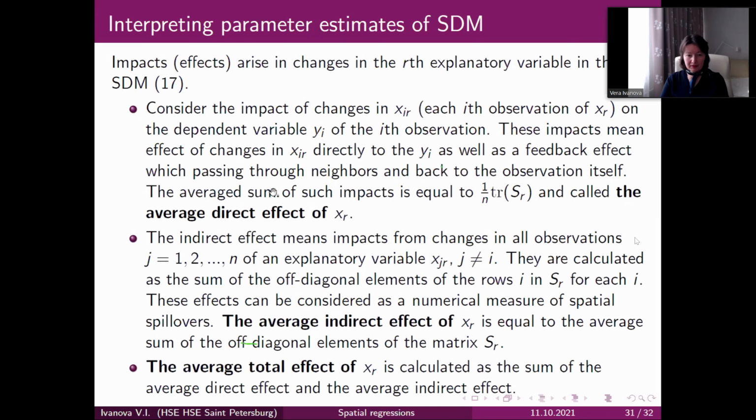The direct impact is as follows. The impact of changes in the explanatory variable for my observation of a dependent variable implies changes in the dependent variable as a feedback effect crossing through my neighbors.